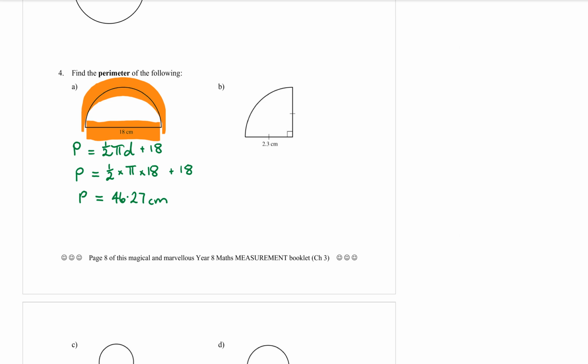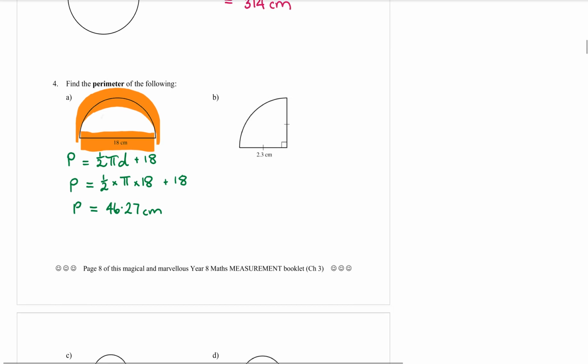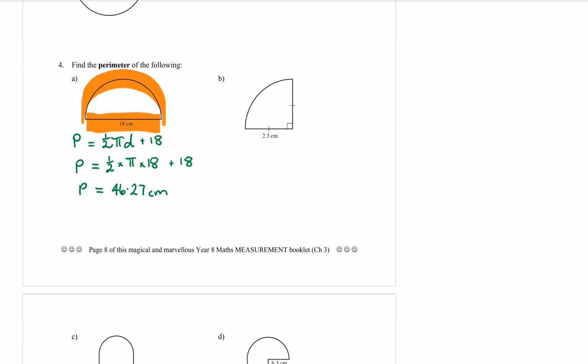This time I have a quarter of a circle. Now this 2.3 that is here would actually be the radius of the circle. If you can imagine, this is the center and the rest of my circle would go around like this. So that 2.3 is actually the radius.